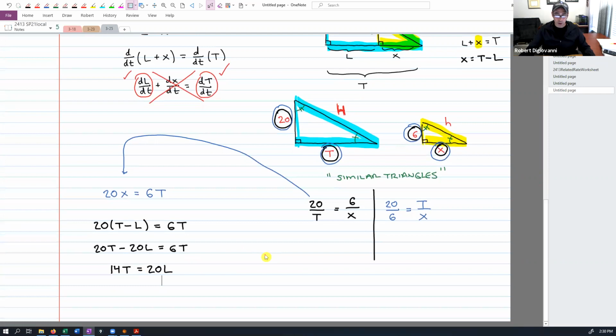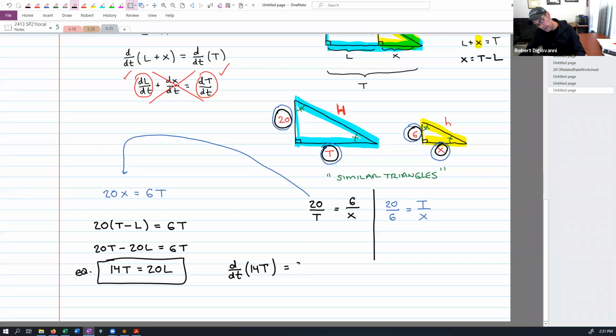So once I have an equation, can't I just differentiate that with respect to time? So this is our equation right here. If I take the derivative with respect to t on the left, and the derivative with respect to t on the right, I will get 14 dT/dt equals 20 dL/dt.